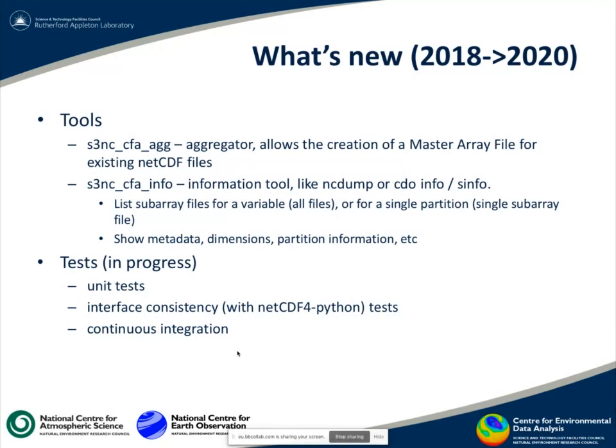And for, say, the historical run, the data is generally stored in, I can't remember, 20 or 40-year chunks, one of the two. But this aggregator allows you to aggregate all the variables for a model run, and then all the time periods into one master array file.